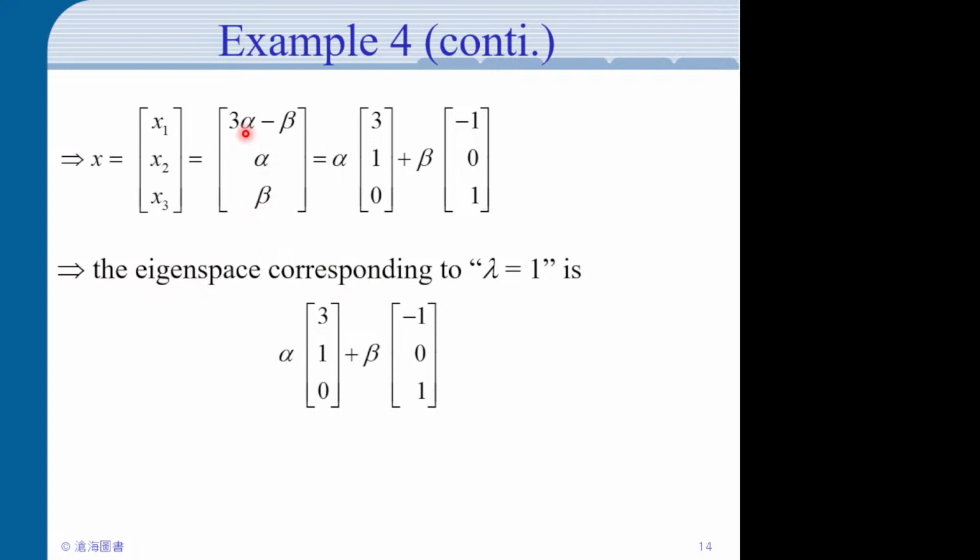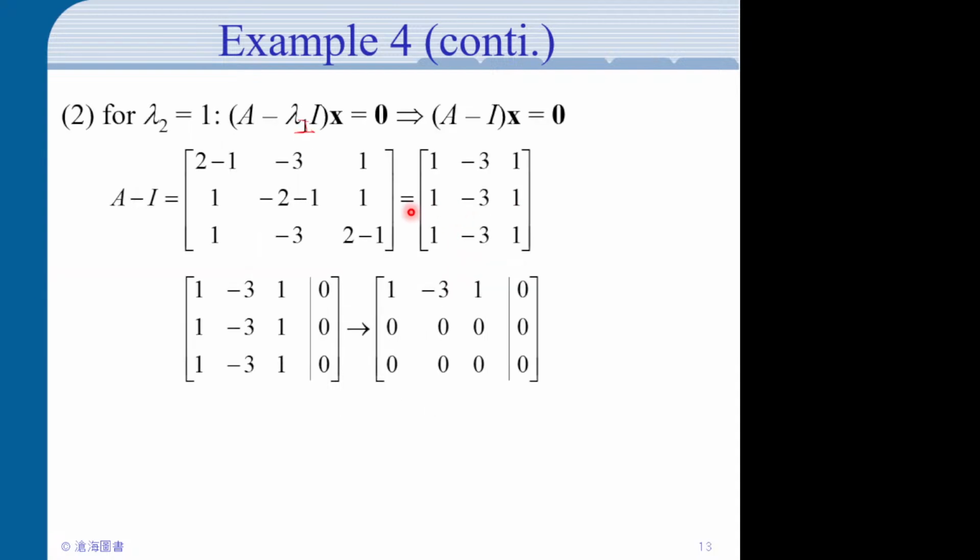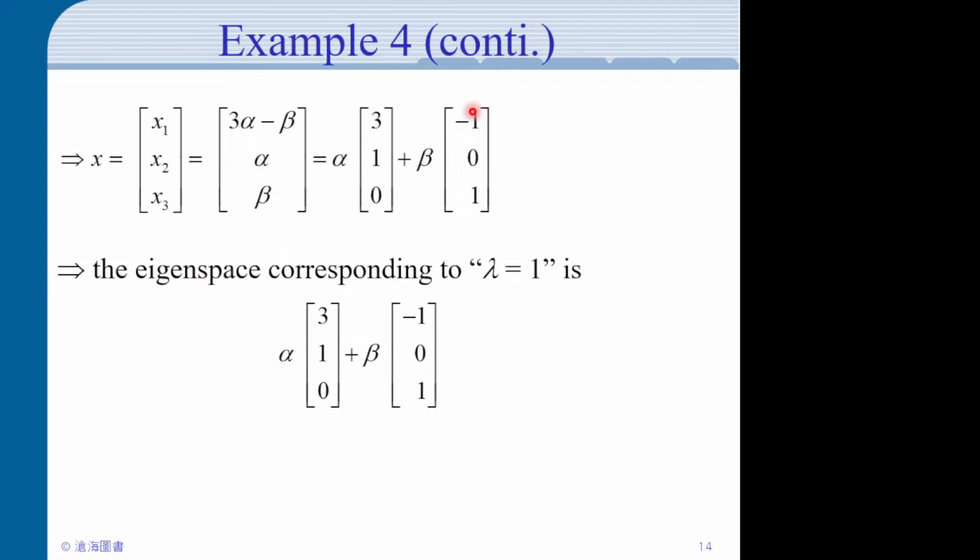The first one comes from taking x2 free as alpha, and then you get alpha times 3, 1, 0. The second one is taking x3 as free, and so you see x1 needs to be negative x3, so you get minus 1, 0, 1 times beta.